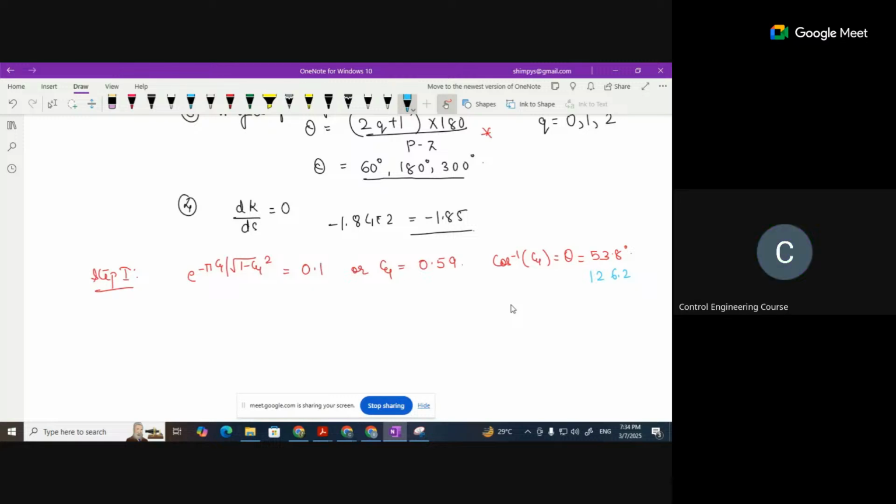So in a similar way, we can also find omega n. But what will be omega n? We don't have an omega n formula. What we typically do is approximate our third order system as a second order system, and then calculate it using this expression.